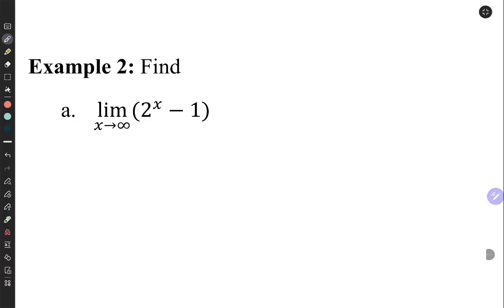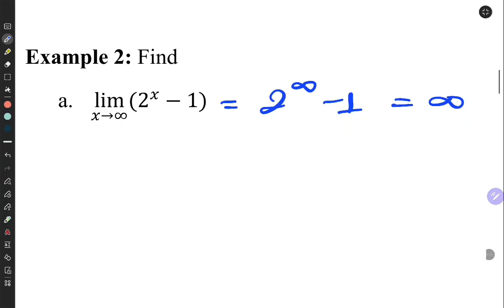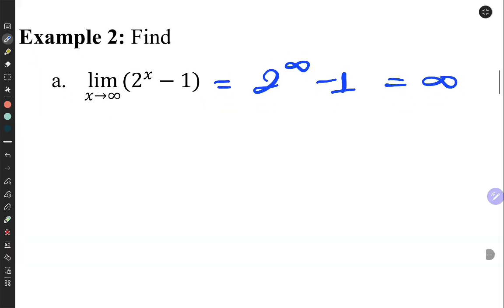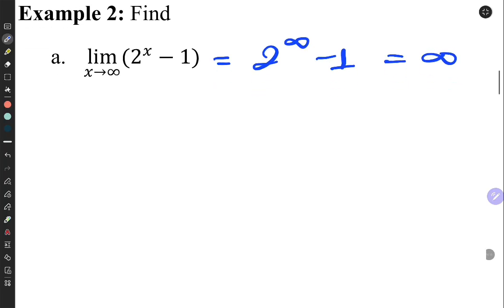Give me the answer. Infinity, and then you subtract 1 from infinity. Still infinity. Easy to analyze, as long as you understand the nature of exponents.